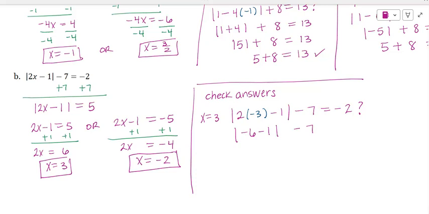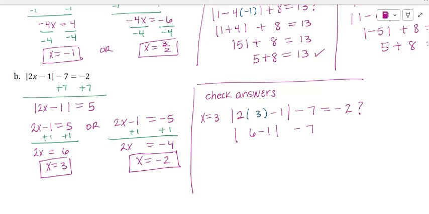So this is, no. Why am I plugging in negative 3? I should have been plugging in positive 3. Let me go back. I made a mistake here because I can see that that wasn't going to work, right? Okay, so up here, I accidentally plugged in a negative 3 and it should have been a positive 3. So I've changed that, and that makes this a positive 6.